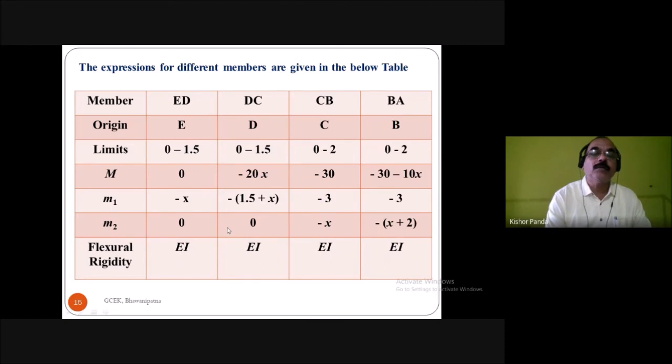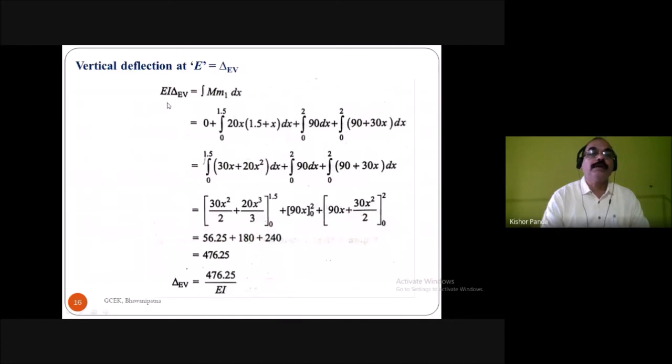Then you find out the vertical deflection at E by taking the moment capital M and small m1, and the horizontal deflection at E by taking capital M and small m2. Delta EV times EI is equal to the integration of capital M small m1 dx.